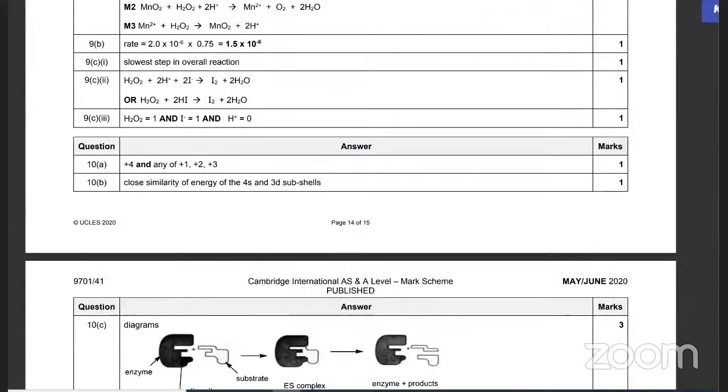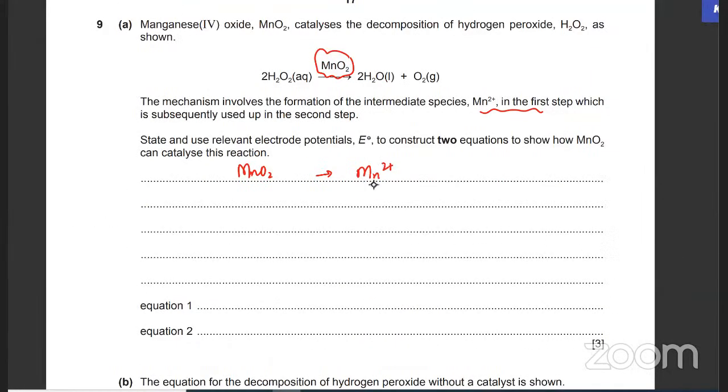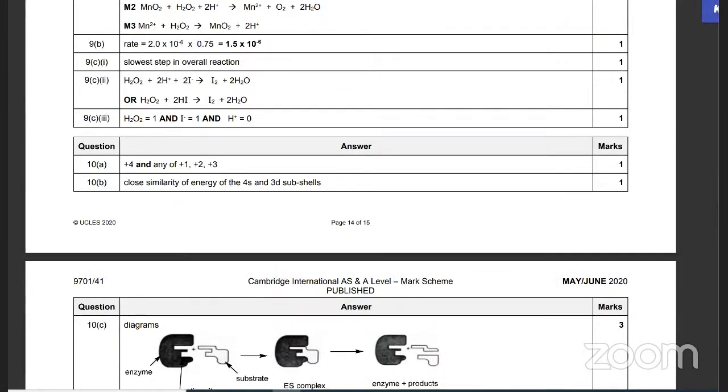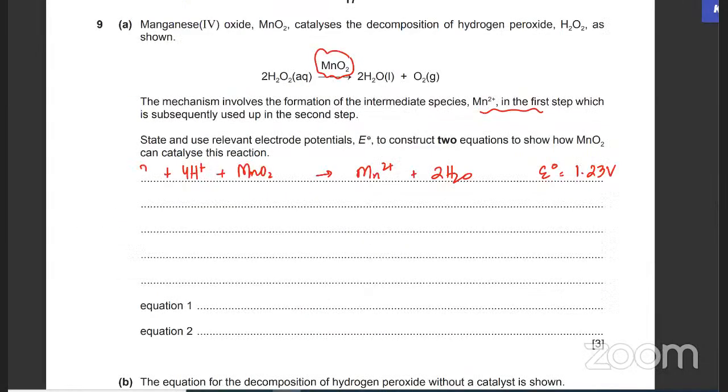MnO2 plus 4H+, and 2 electrons, gives Mn2+ plus 2H2O, and the E naught was 1.23 volts.